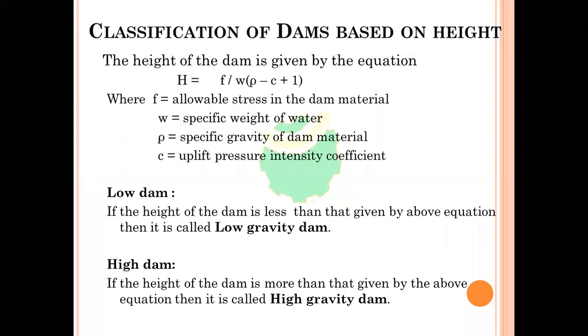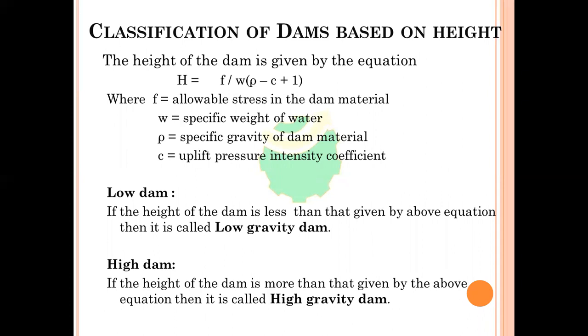When it is called low, the height of the dam is calculated with the equation H = F / (W(rho - C + 1)), where F is the allowable stress, W is the specific weight of water, rho is the specific gravity of the dam, and C is the uplift pressure intensity coefficient.